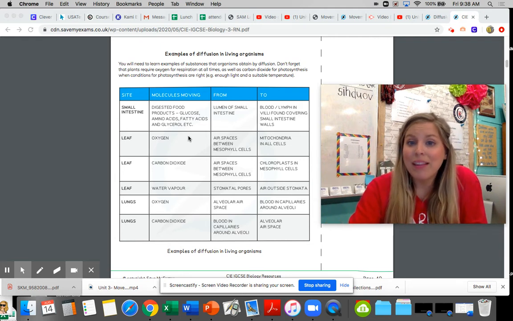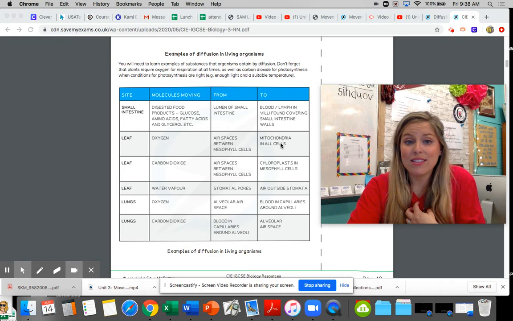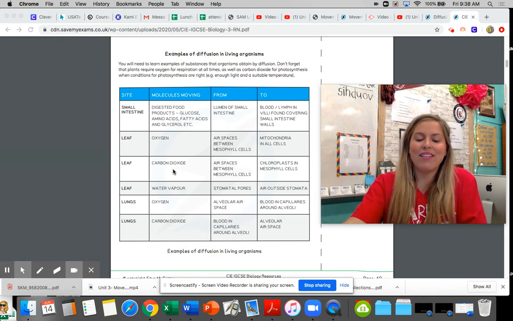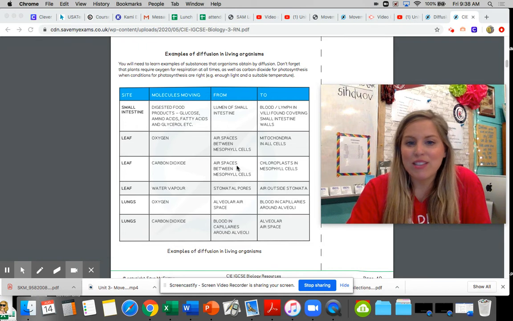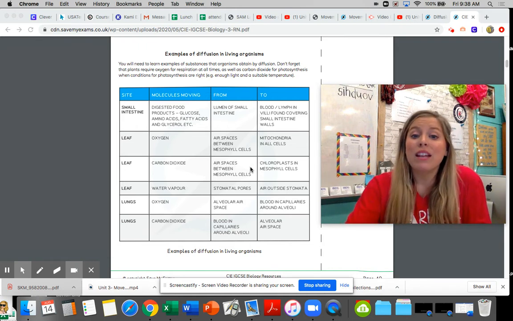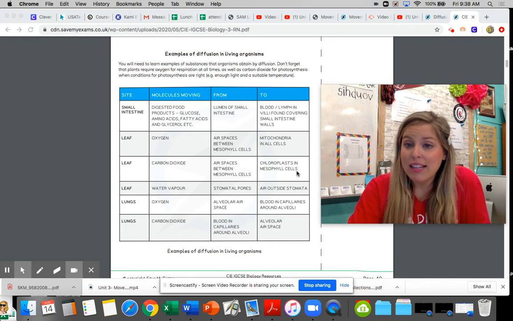So this is where plants create oxygen for us as humans. And then the leaf needs the carbon dioxide that we have exhaled. Again, this passes through the air spaces between the mesophyll cells and ultimately gets to the chloroplasts that are in those cells inside of a plant.